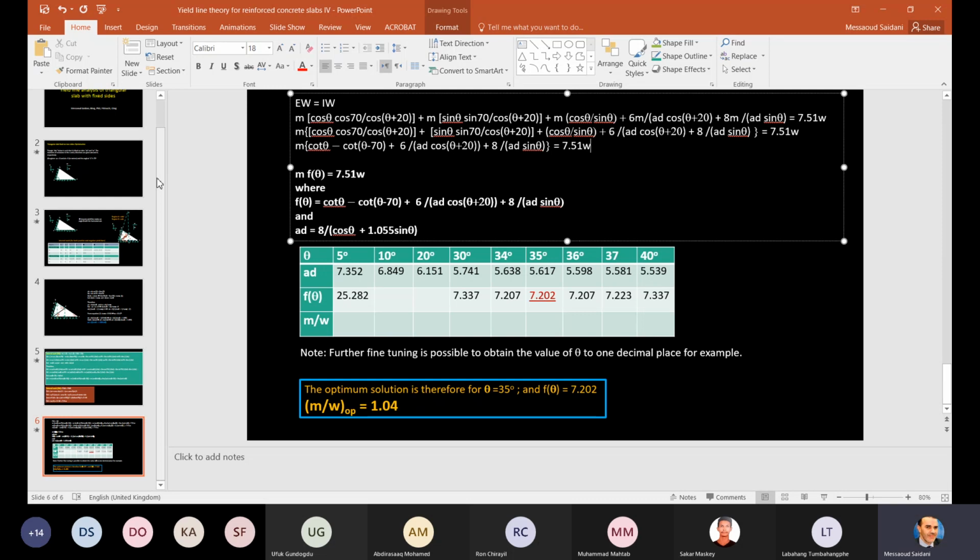Again, for the exam, this is what you need to know, and please listen to me carefully. Number one, you need to know how to determine the centroid of a shape. You need to know how to determine the second moment of area of a shape.